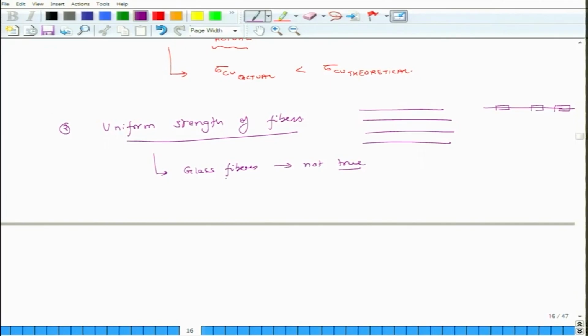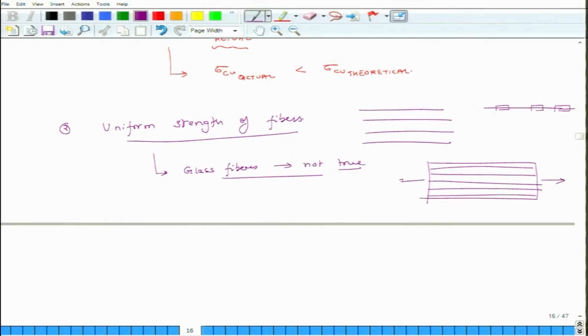When this kind of variation happens, consider what will happen. So, you have different fibers of different strengths and you pull the composite in length direction. Some fibers will break at an earlier load level because they have lesser strength because of this variation, and when they fail, they transfer the load to other fibers.